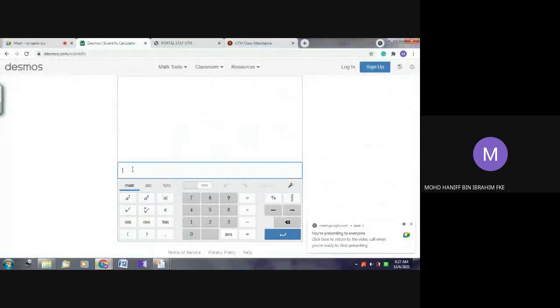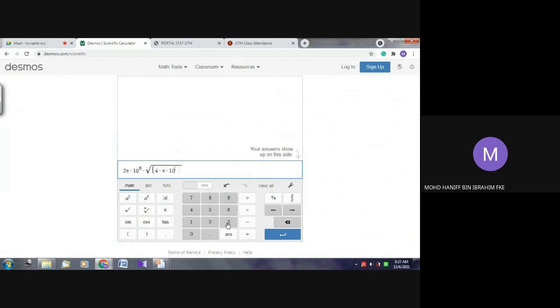So we have 2 pi times 10 power of 8, and then this needs to be multiplied with the square root of mu naught, which is 4 times pi times 10 power of negative 7.